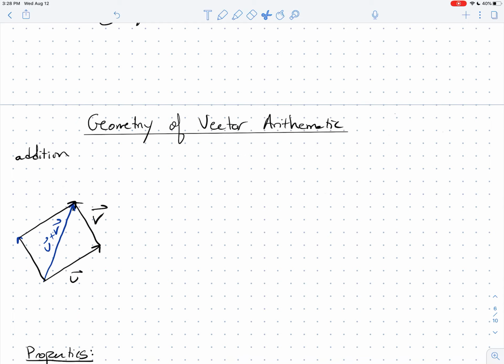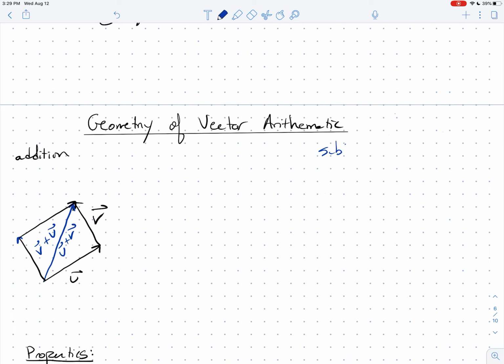So vector addition is really nice to see. It's this sort of diagonal across the parallelogram. So the way that I've drawn this would be, this picture is u plus v, and this one would be v plus u. This would technically be v plus u, but it's easy to see they're actually the same thing. And we'll write that down in just a moment.